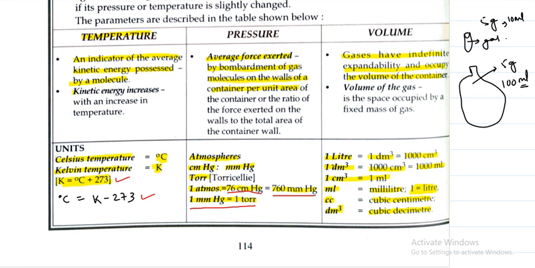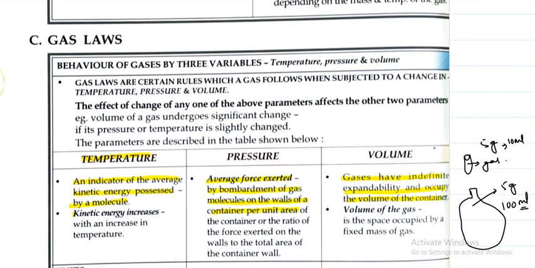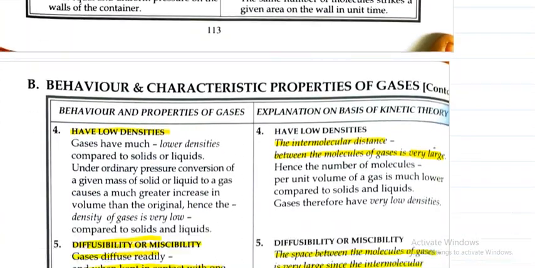Then in case of volume, 1 liter is equal to 1 decimeter cube, which is equal to 1000 cubic centimeter, and 1000 cubic centimeter is equal to 1000 ml. So 1 cubic centimeter is equal to 1 ml. Okay, all this you have to remember. Make a note, whatever I am underlining, all these things you have to note down in your copy.